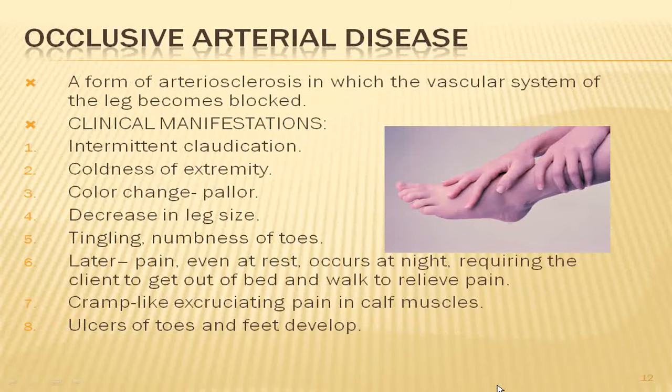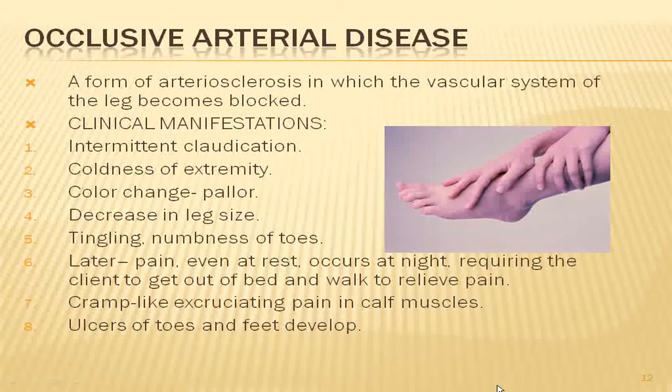With occlusive arterial disease, this is a form of arterial sclerosis in which the vascular system of the legs becomes blocked, totally blocked. The clinical manifestations, again, are much like peripheral artery disease: you have the tingling, color changes. This says decrease in leg size. Remember, we talked about the muscle atrophy, and so you have a shortening of that muscle.